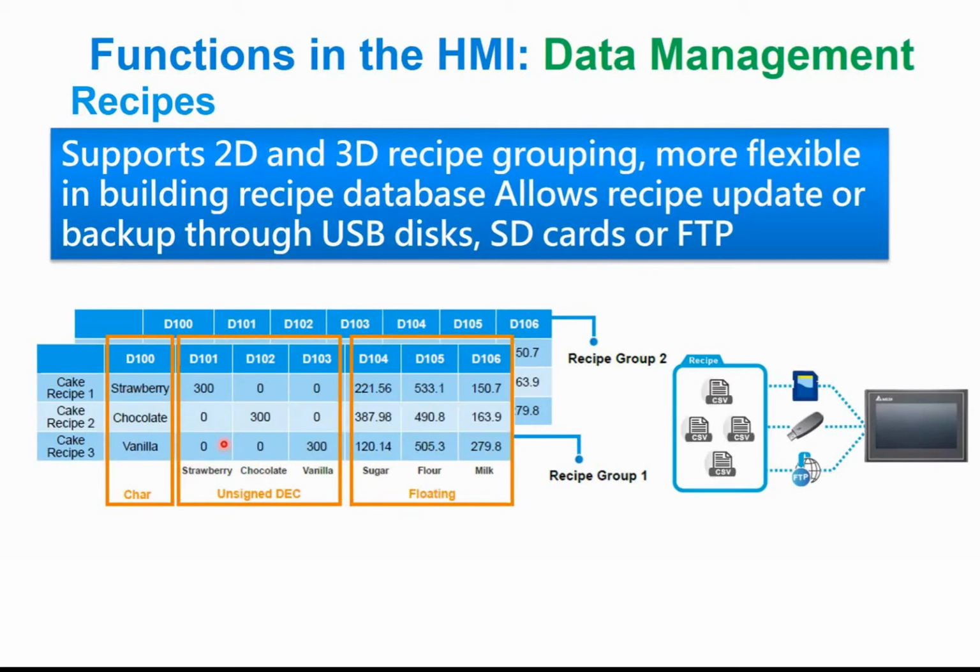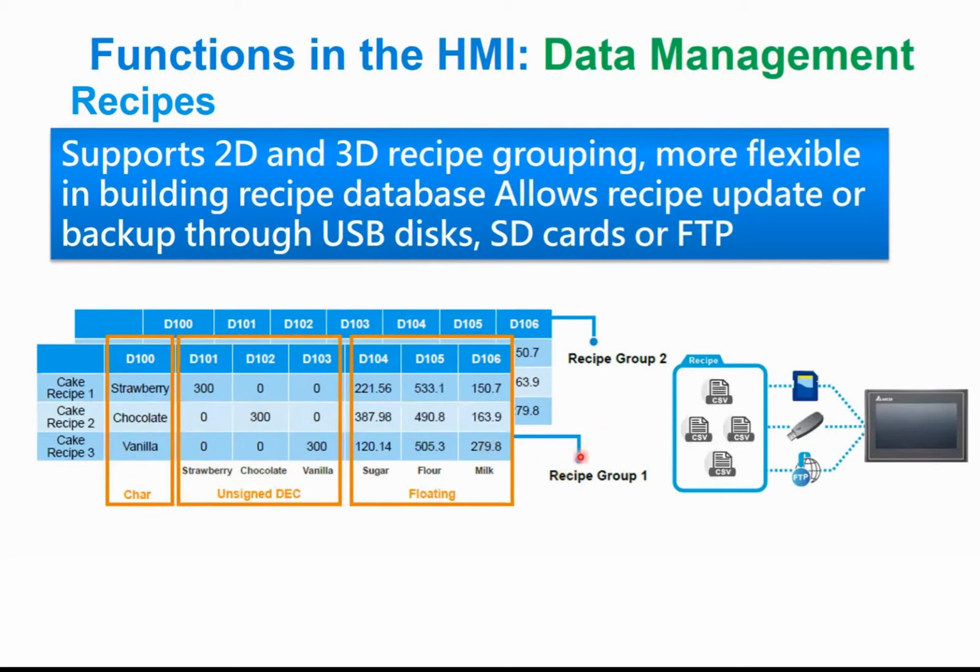For example, let's say it's a bread making machine. You make different bread sizes, and you want to tell the machine that the bread size to be made now is this size, or this size. Then you set up a recipe, and the HMI will feed this data to the processing machine, and you have a more flexible system.